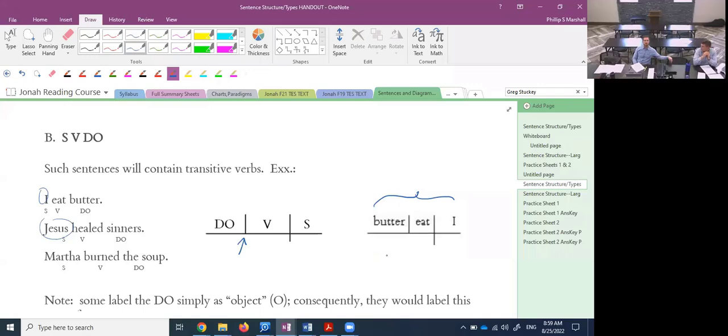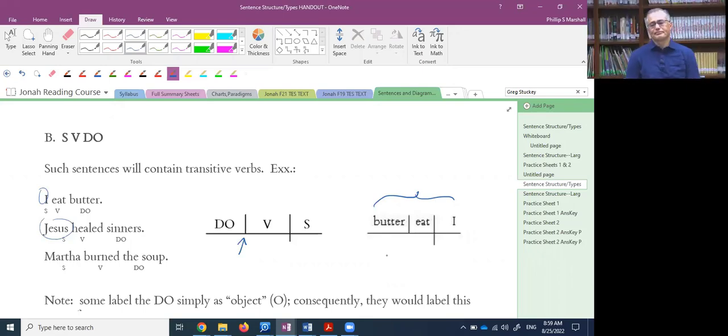Dr. Marshall, I also had a question here on this story. This is Zach. I know you're going to get to this later, so I don't want to jump the gun too quick. But as far as the article with the soup and the leper, does that belong in the same slot as the direct object? Yes. I'm going to put it in the same slot as the direct object here.